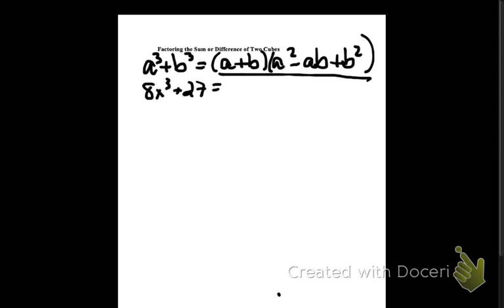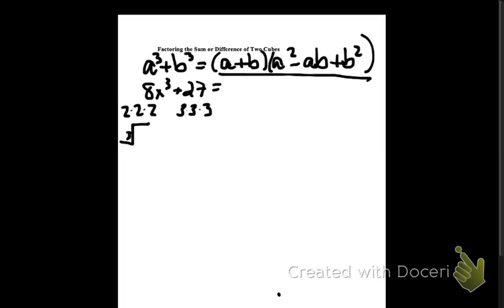So in this case, x cubed is definitely a perfect cube because it's x times x times x. 8 is also a perfect cube because it's 2 times 2 times 2. 27 is a perfect cube because it's 3 times 3 times 3. There is a cube root function on your calculator, so you can check any number that you wish to see whether or not it is a perfect cube using your graphing calculator.